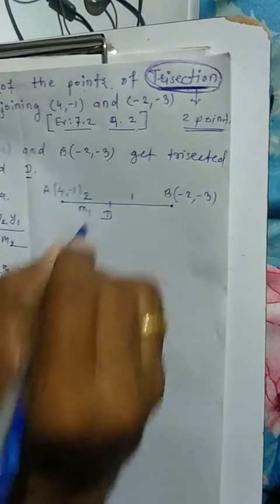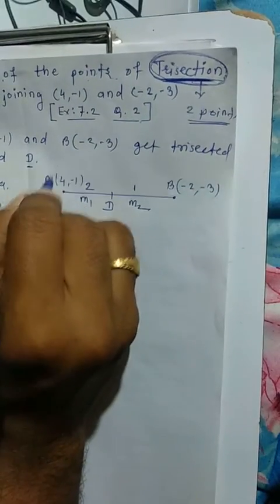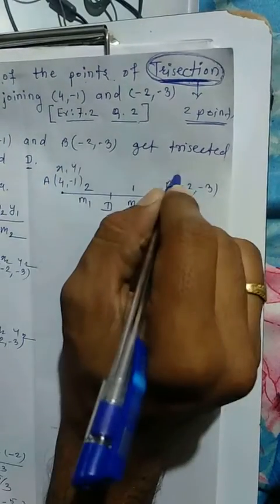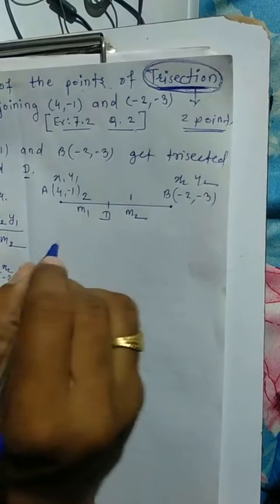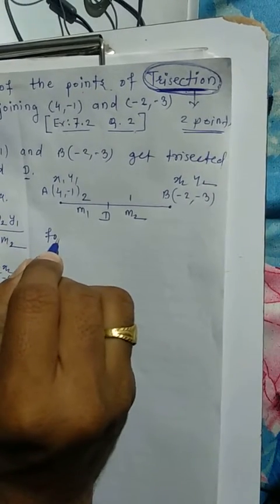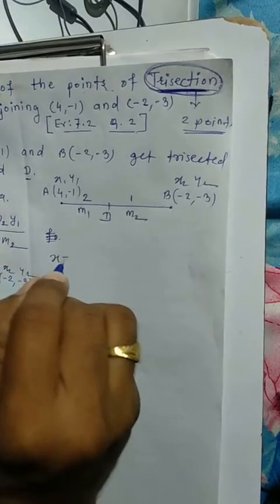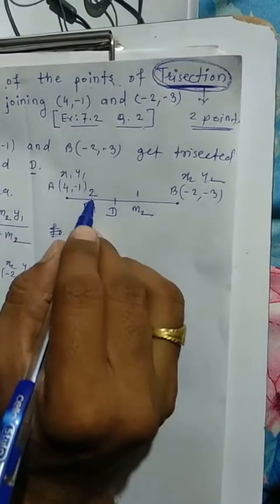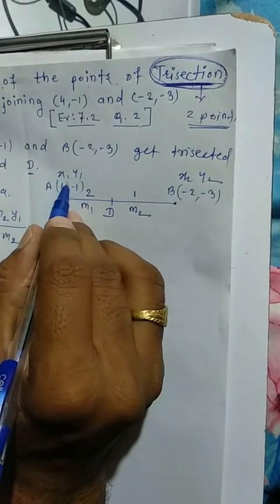This value is m1 and this value is m2. For point A the coordinates are x1, y1, and these are x2, y2. Now the coordinates for x: again m1 into x2 plus m2 into x1.